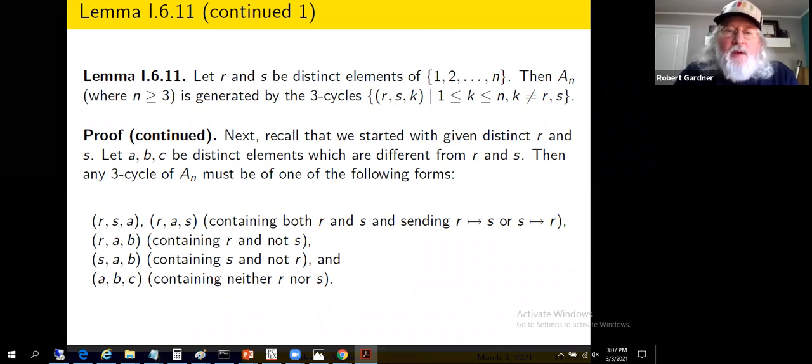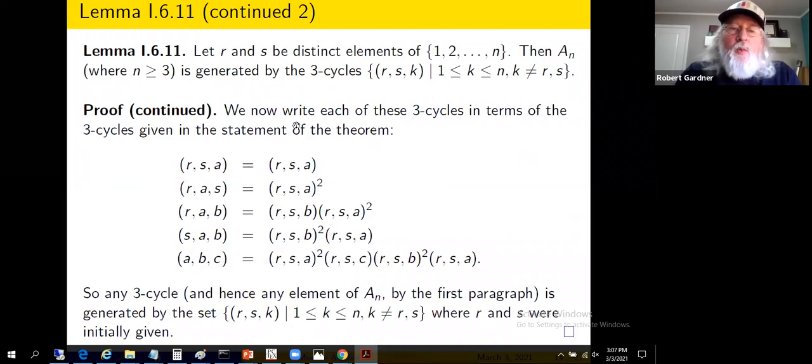All right. We're going to write each of those 5 types of 3-cycles in the form RS-something, RSK, a product of 3-cycles that are of the form (R S K).